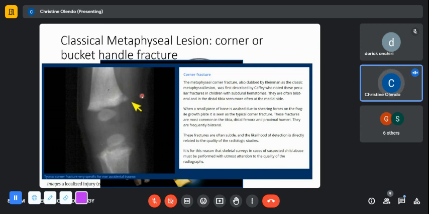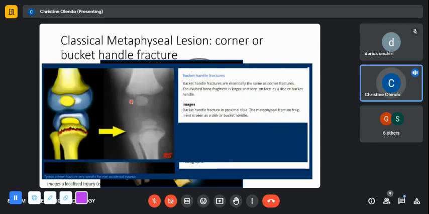This occurs when a small piece is avulsed from shearing force of the fragile growth plate, and is seen typically at the corner. So it's a corner fracture because of the avulsion and repetitive movement.